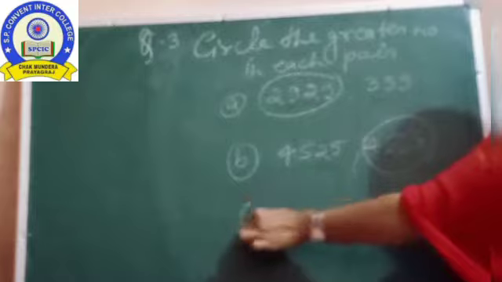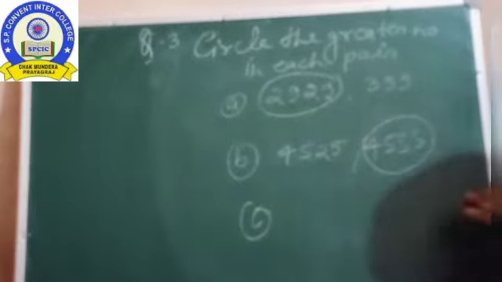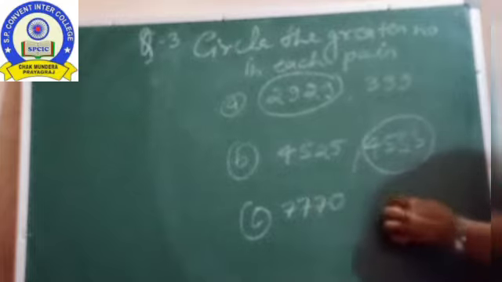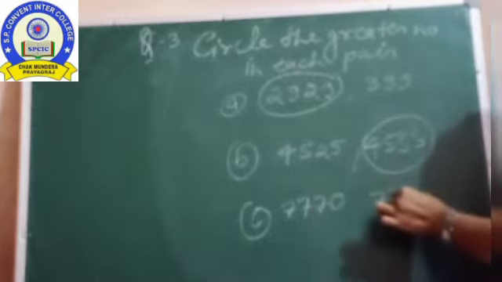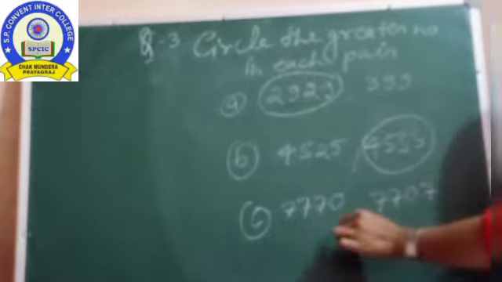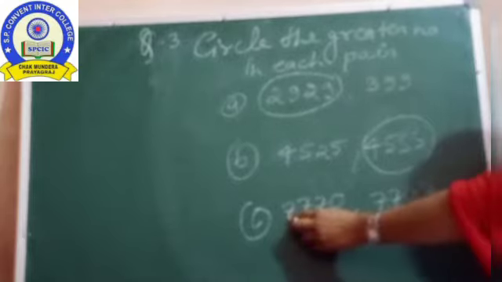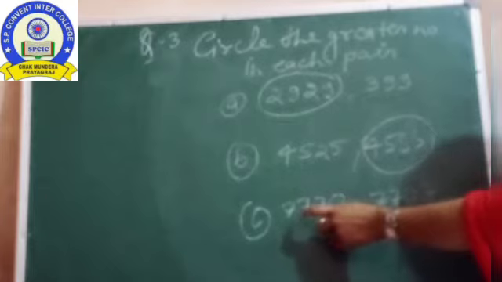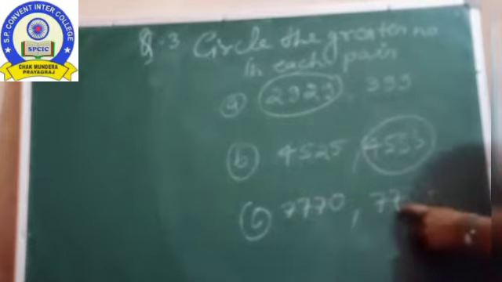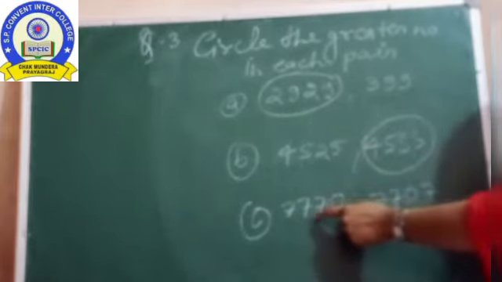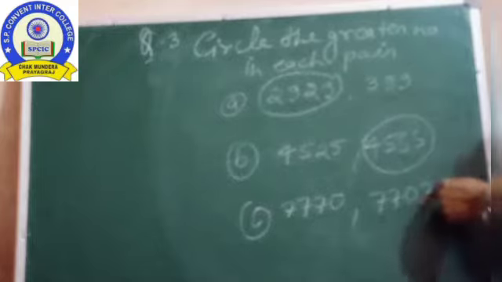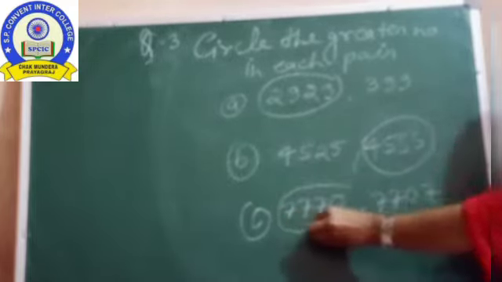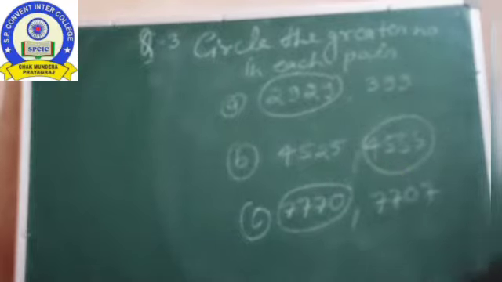Now C part. 7770 and 7707. This is 7 and this is 7. This is 7. It is also 7 and here is 7 but here is 0. So 7 is greater than 0. It means this number is greater. Clear?